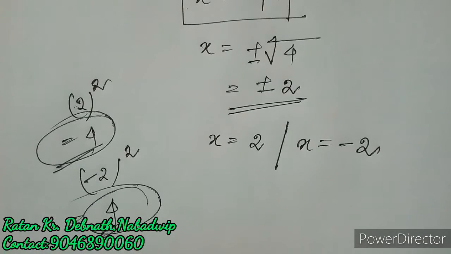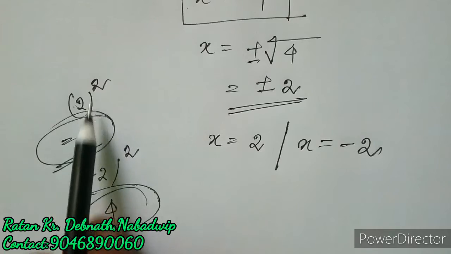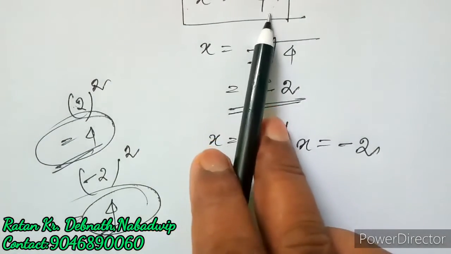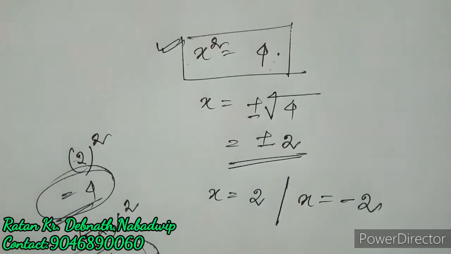So you clearly observe that the equation is satisfied by both the values of x, because in both cases we got 4 and on the right side of the equation there is 4. So x equals 2 and x equals minus 2 are the roots of this equation.